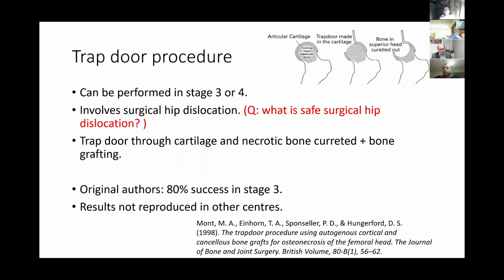Trapdoor procedure, surprisingly, is where the discussion then went. And then we started talking about the safe surgical hip dislocation. And as I was describing the safe dislocation of the hip, that's when the bell rang. And I think they were quite happy with the viva.